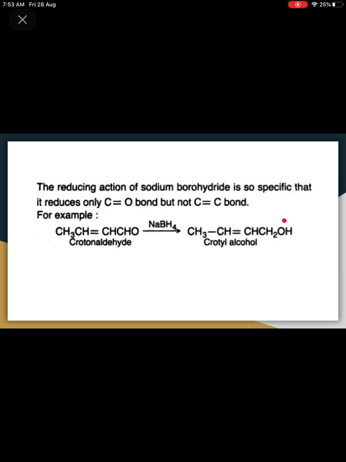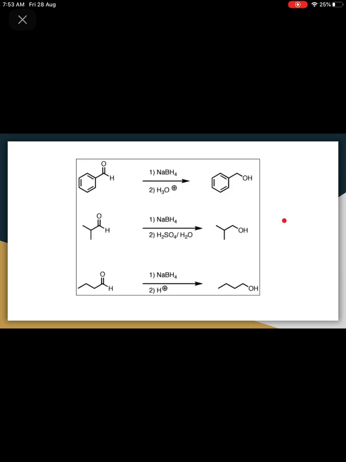Alcohol. These are the reactions. Benzaldehyde is reacting with NaBH4 to give what? Primary alcohol. So these are the reactions of NaBH4. All three reactants are aldehydes which get reduced to primary alcohol.